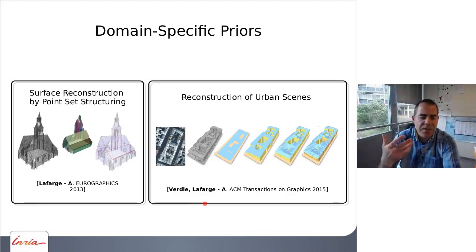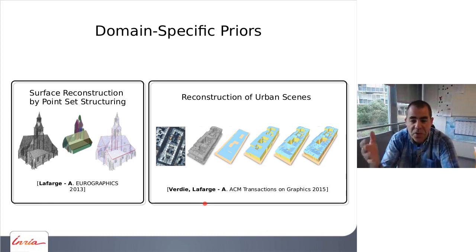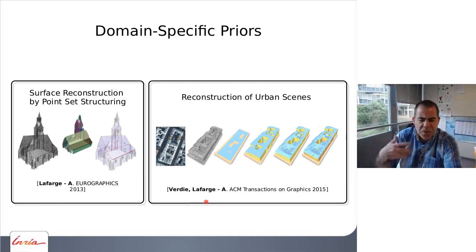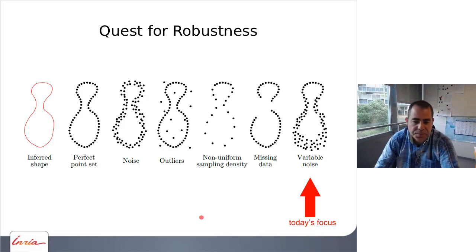You even have priors that are specific to domains. That's a publication I did with Florent Lafarge in my team on surface reconstruction by point set structuring, which is more relevant for urban scenes. On the right, also levels of detail: not just reconstruction, but this time reconstruction with levels of detail. That was work a couple of years ago.